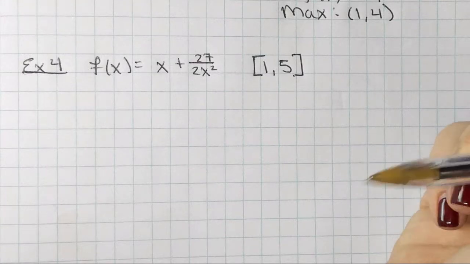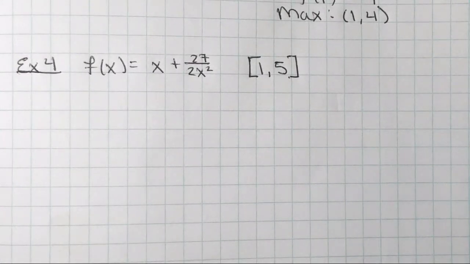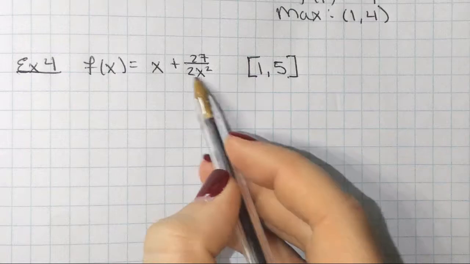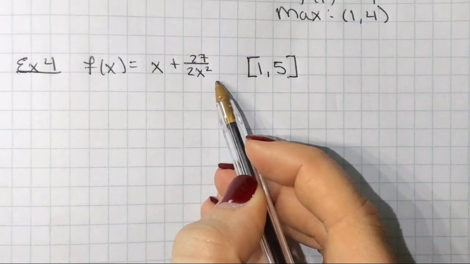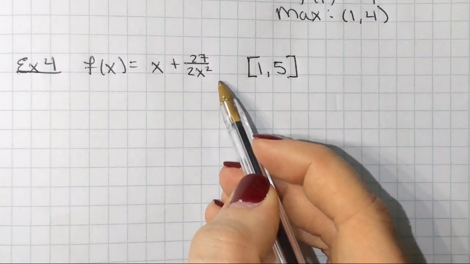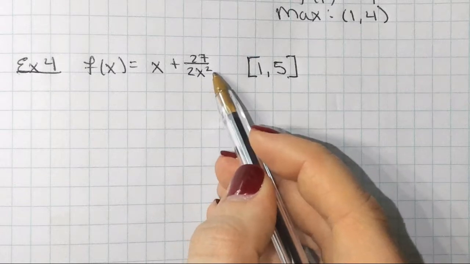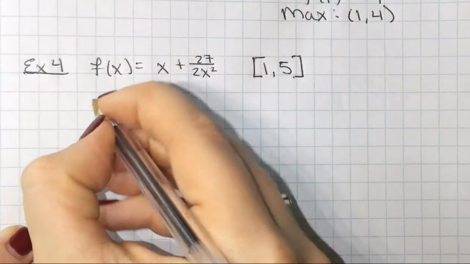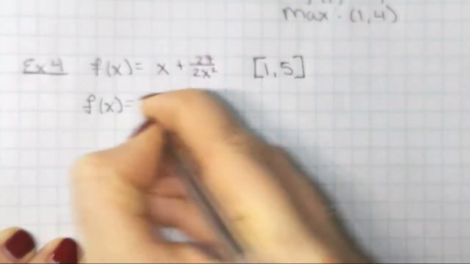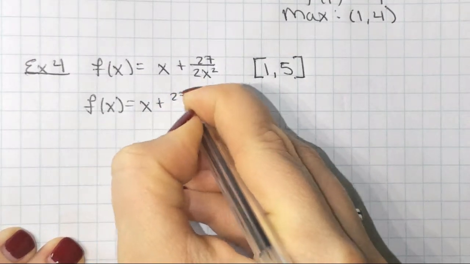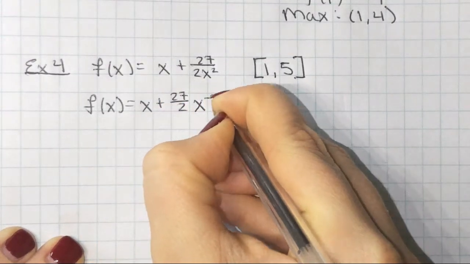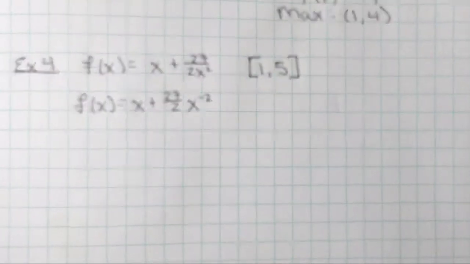First things first is you should probably take a what? Derivative, but I don't really like the way this one looks, so what could you do to it? X to the negative 2. Yeah, we could change that exponent so it's negative, right? So maybe just make that function a little bit nicer to work with. 27 over 2 x to the negative 2nd, and now take a derivative.